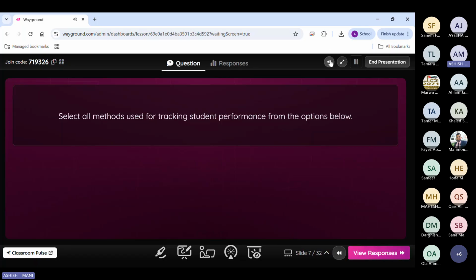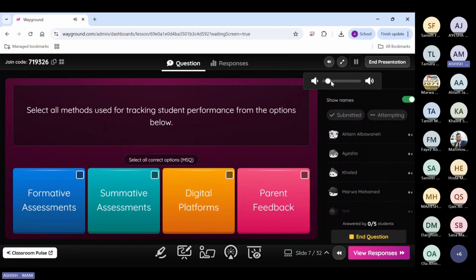Now, one more question. Select all the methods used for tracking student performance from the options below. What do you think are the methods we can use for student tracking? You can give multiple answers.